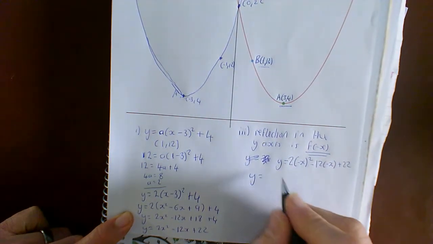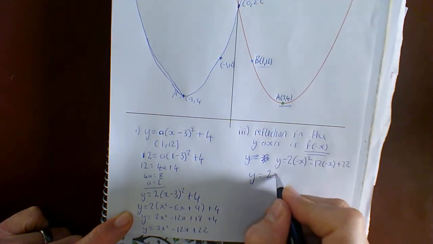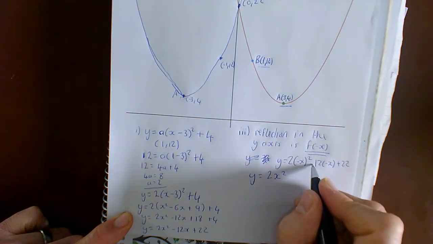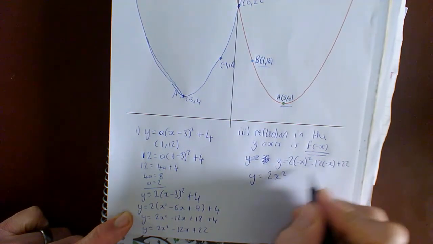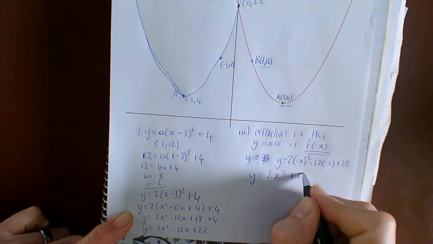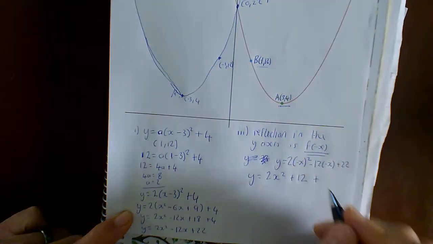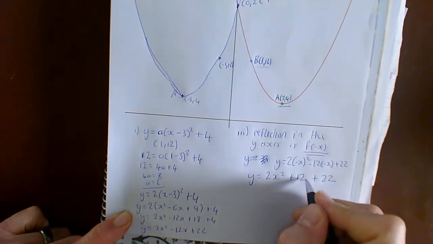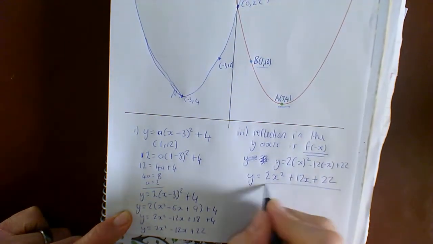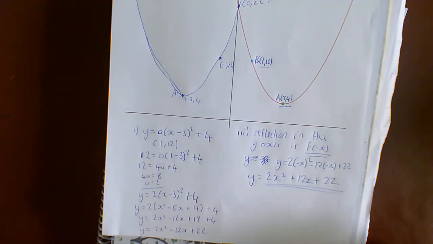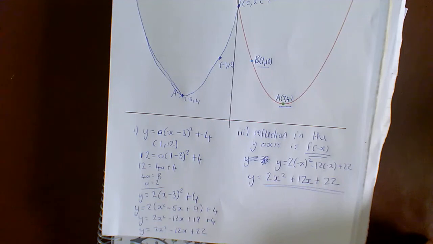Negative x squared is still x squared. Negative 12 lots of negative x is going to be plus 12x. And we still get plus 22. So it should be 2x squared plus 12x plus 22.